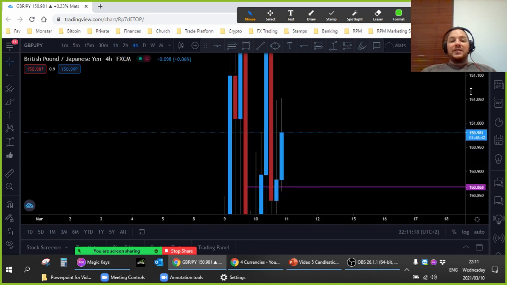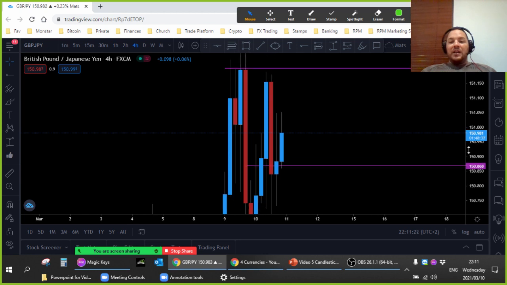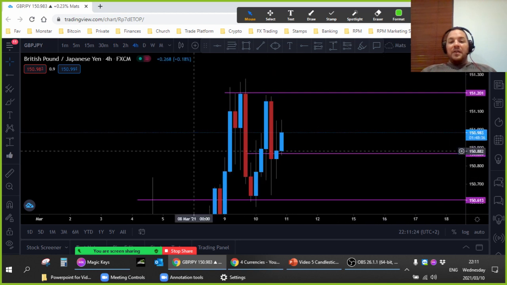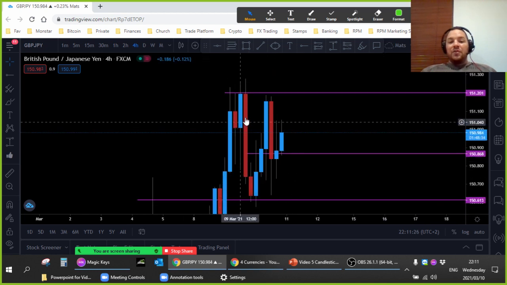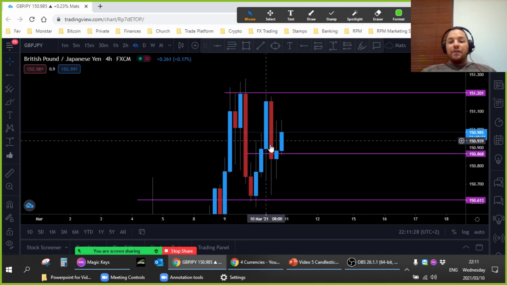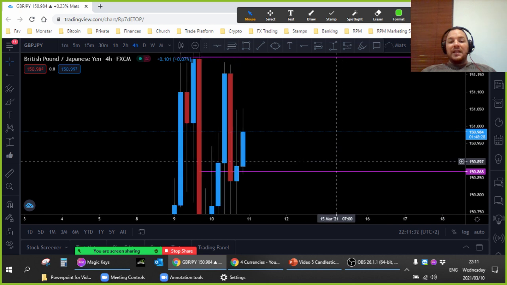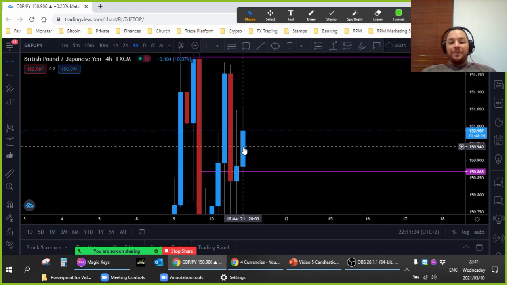Okay, this here represents the 4-hour candle. If I shrink this down, this is price movement over each 4 hours. So let's take this 4-hour candle. This 4-hour candle opened 2 hours ago. It still has 1 hour and 48 minutes to go.